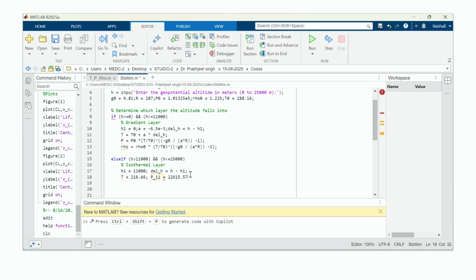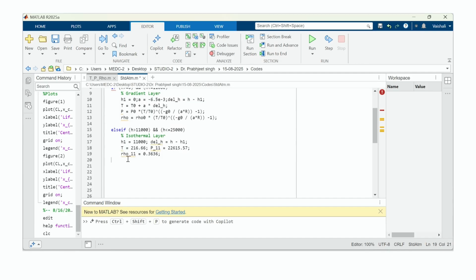This is the pressure at 11,000 meters. You can check from the tables as well. Next, density underscore 11 equals 0.3636 kilogram per meter cube.